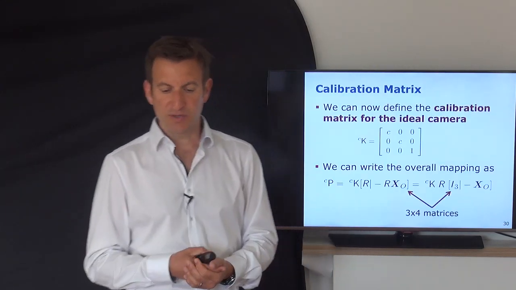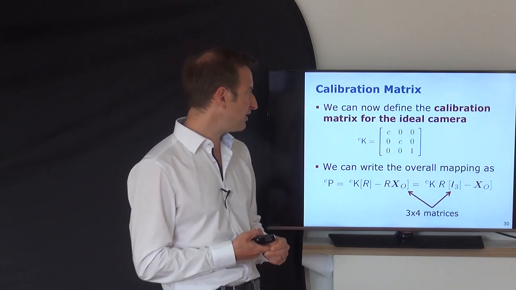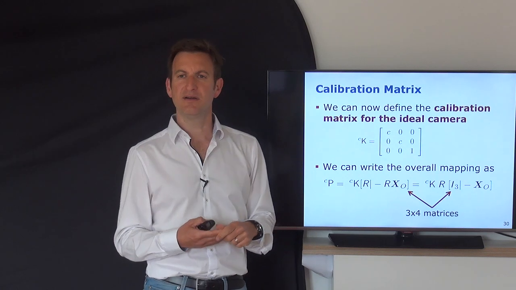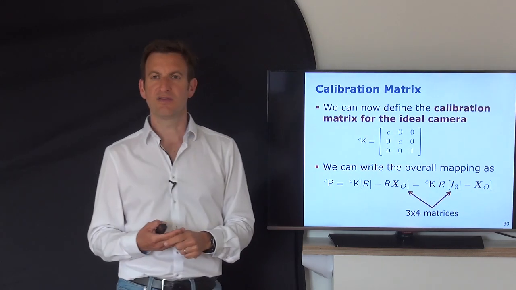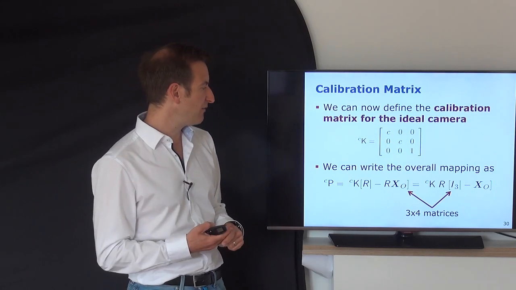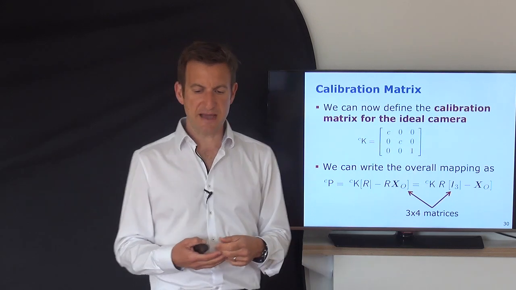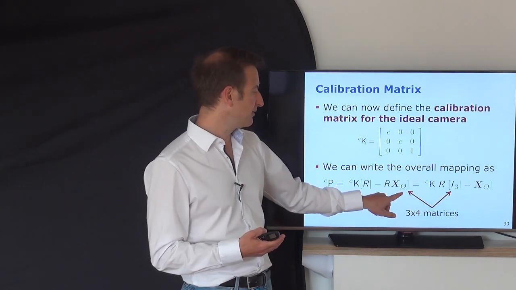And so we typically express the camera calibration matrix as a 3×3 matrix. And for this so-called ideal camera that we have here, this is CC1, the calibration matrix that we have over here. And we can actually use a special notation to write that down, which is this bracket notation over here.